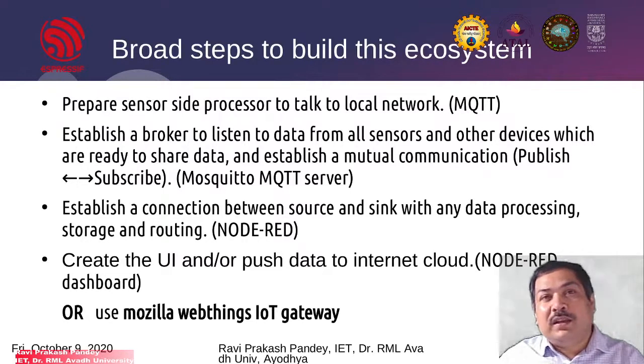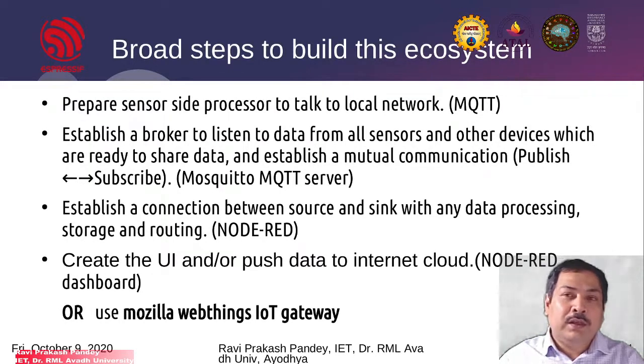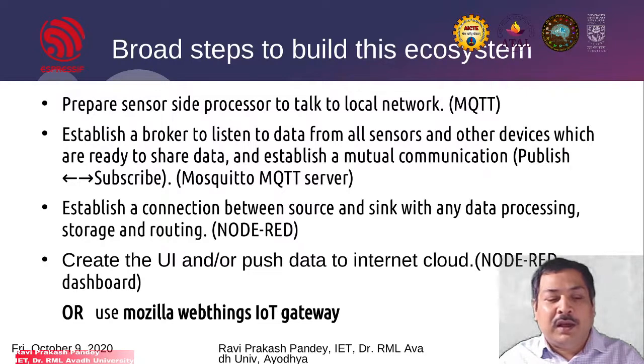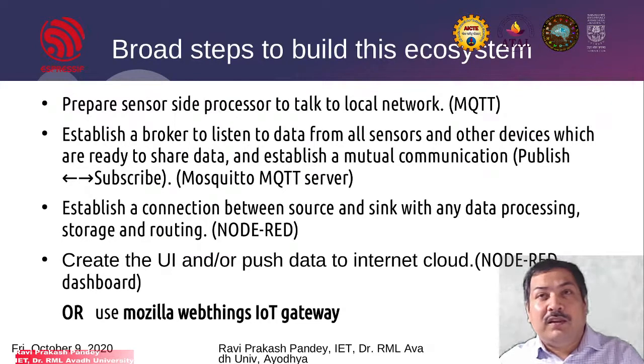Then there would be other devices who would be subscribing to the data that comes to this MQTT server or the broker. So for example, I'm a thermal sensor. I'm continuously publishing data that temperature is 25 degrees Celsius, 26 degrees Celsius, 27 degrees Celsius. There may be other devices who are listening to this data.